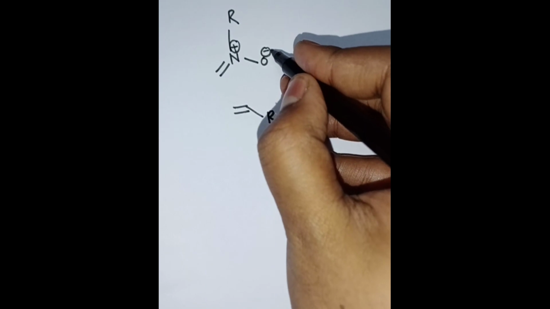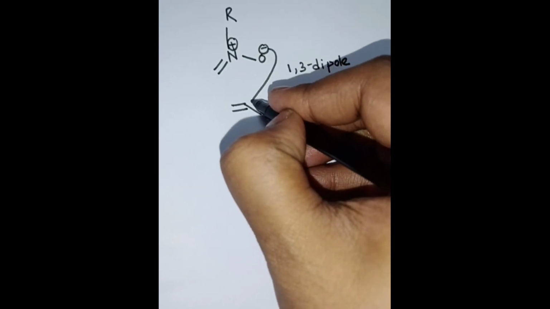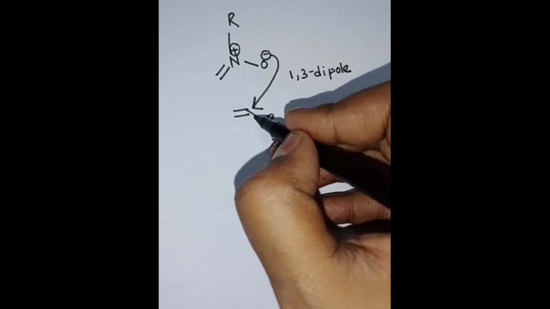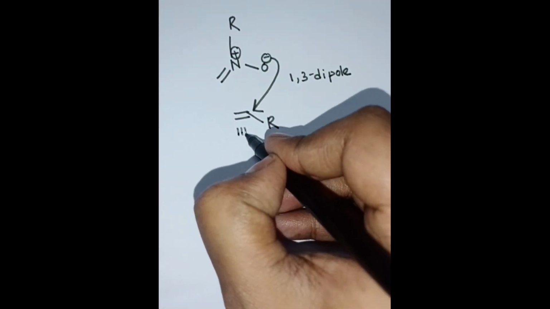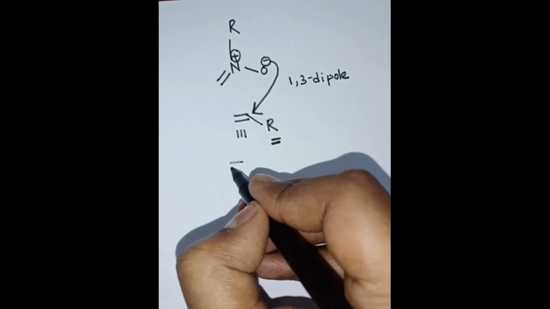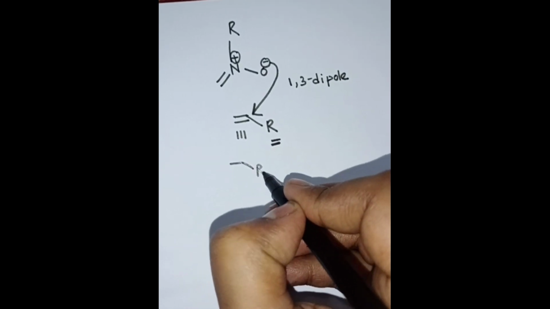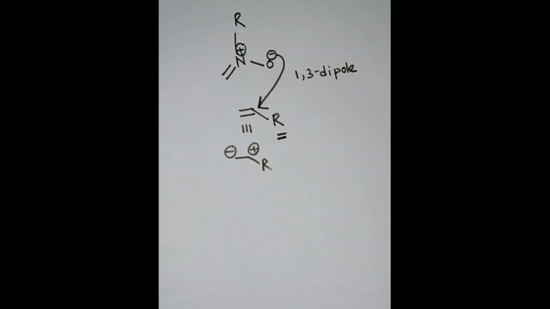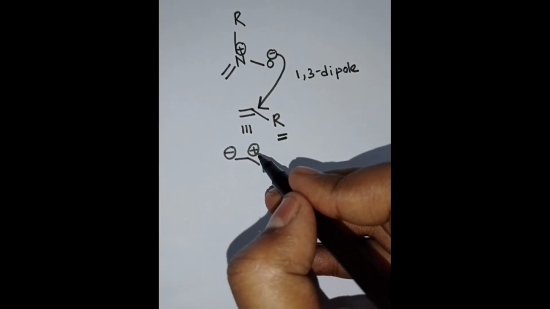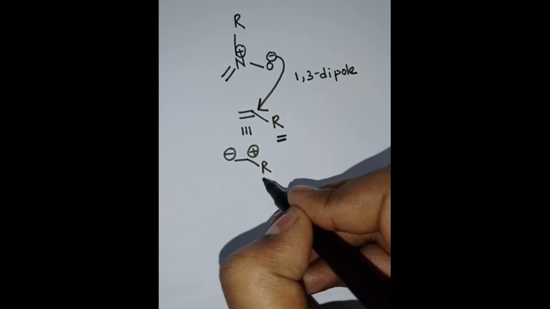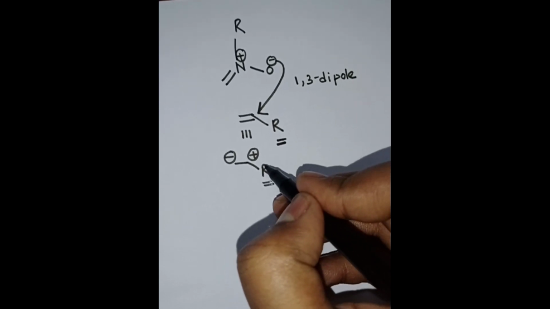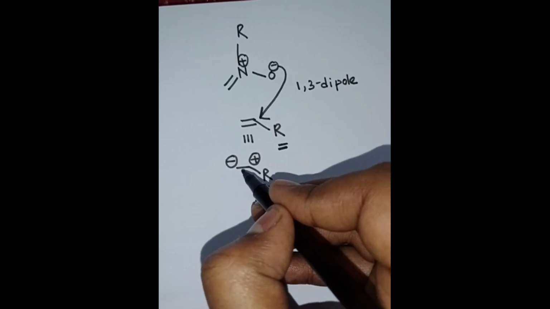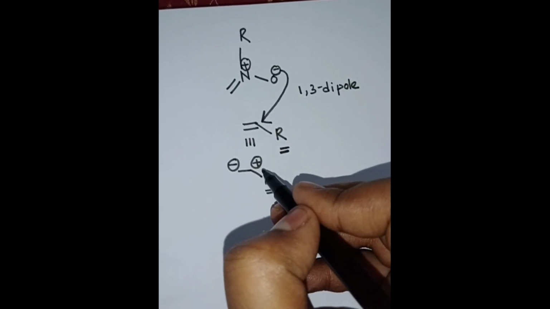In that case what will happen? This negative charge will attack this center, because if I write this double bond like this, positive and negative, you all can see this positive charge will be stabilized by this substituent, and this is a primary carbocation, so it is also stable. So this conformation will be stabilized.